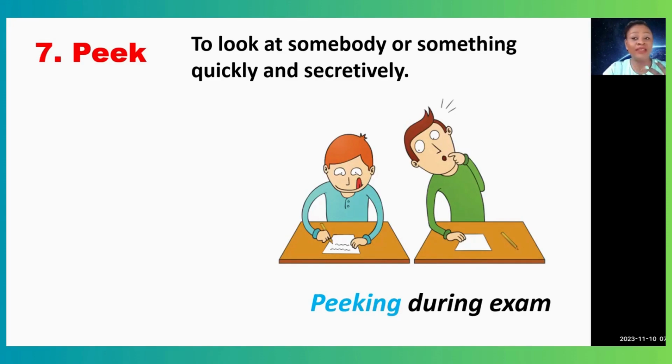You know, during exams, a student who is not prepared, sitting next to a student who is well prepared for the exams, the student who is not prepared most often peeks, like tries to look at the script of the student who is well prepared for the exam to be able to copy. In this situation, the student peeking doesn't want the teacher to notice him or her. So you look quickly and secretively.